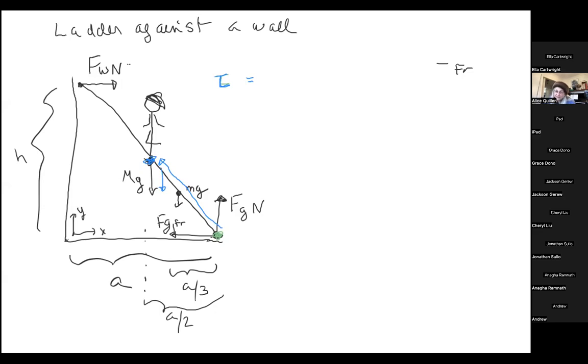I don't care about the y component because the force is in the y direction. So I only need the x component. So I'll just write down the x component, which is a over 2 with a minus sign, x hat cross minus mg y hat. So that's the contribution to the torque at this bottom point of the ladder from the gravity force on the person climbing the ladder. Okay, so let's now do the force from gravity from the ladder itself.